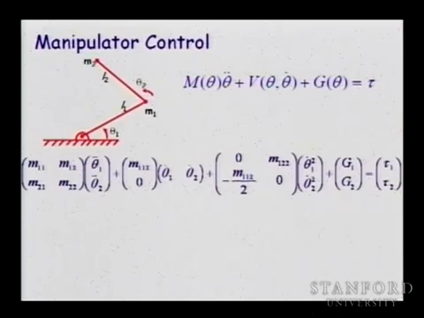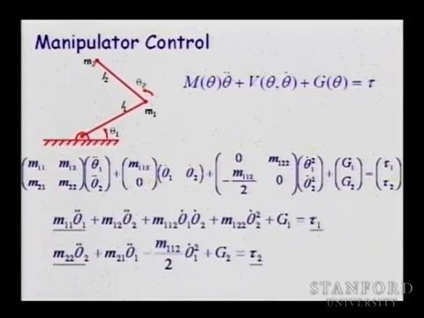You can see that the equation of motion for 2 degrees of freedom comes to be sort of 2 equations involving not only the acceleration of the joint, but the acceleration of the second joint, the velocities, centrifugal and Coriolis forces, and gravity forces.